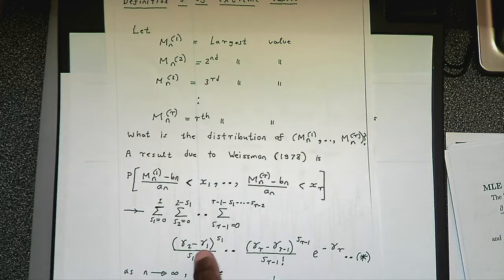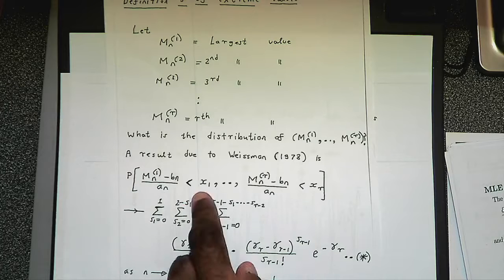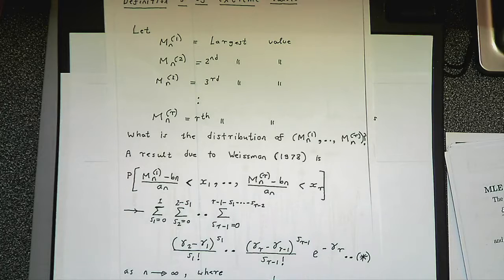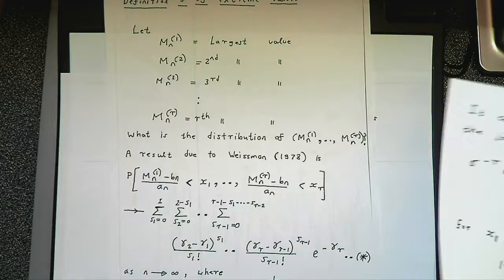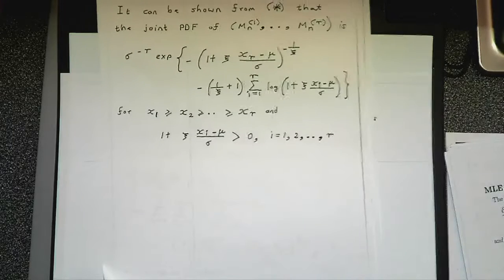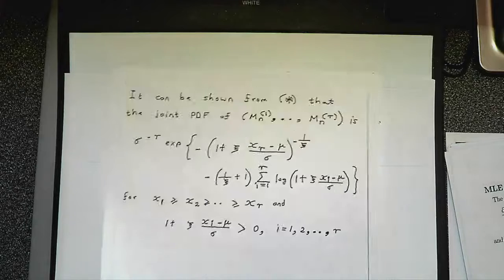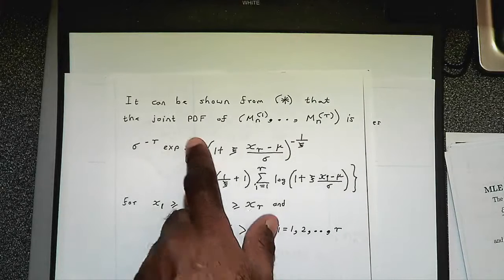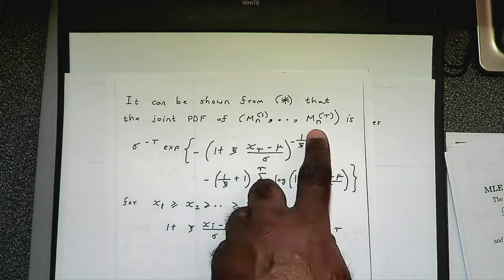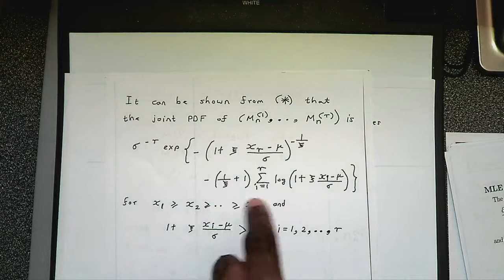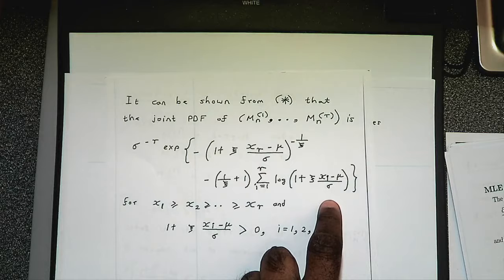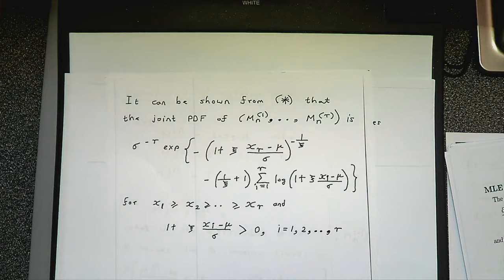So this is the fundamental result for definition 3. This is the CDF, as you can see, a joint CDF. Now you should differentiate this with respect to the parameters, and this is what you will get, the joint PDF of the R extreme values, which will look something like this after a lot of math, right?